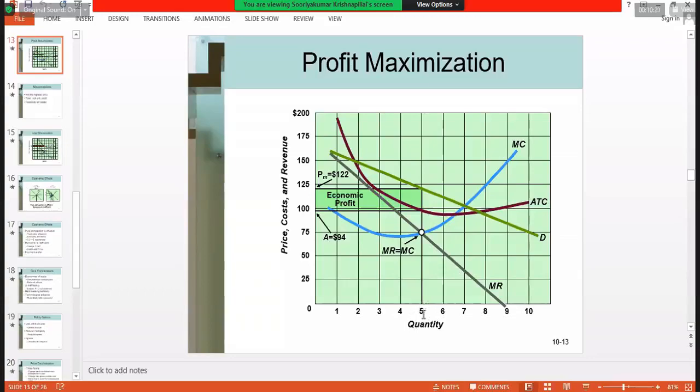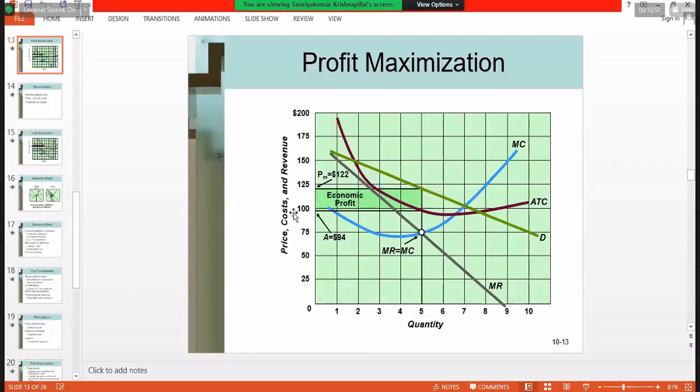The consumers will buy all these 5 units at the price 122 from the demand curve. According to the demand curve, he will set the price 122. So there are consumers to buy all these 5 units at 122, and he gets maximum profit.